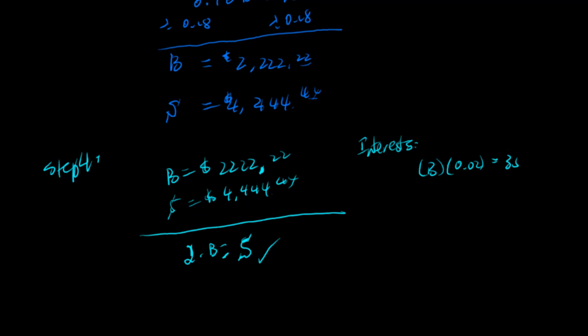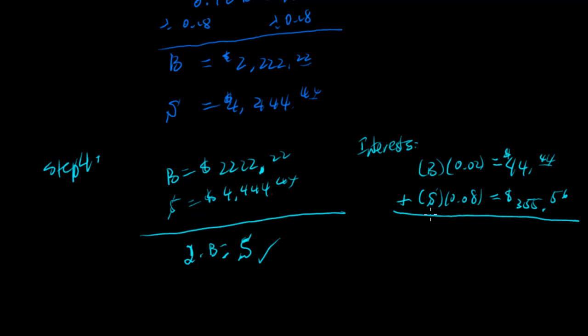So let's go back. B times 0.02, actually, I have $44.44. Okay, and then let's go back to stock. It's invested at 0.08, and when I plug it in, I have $355.56. So added together, our total interest earned is $400.